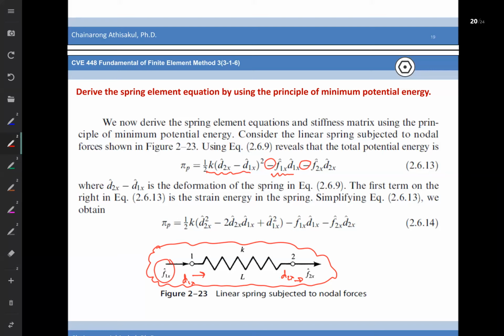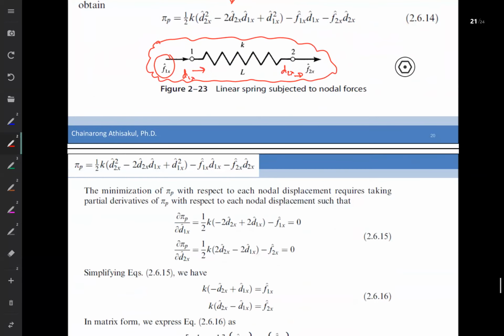And then after we expand the term of the strain energy, we obtain this equation. And then we take the first derivative of the potential energy equation, with respect to d1 first, and then for d2, and we set it equal to 0.